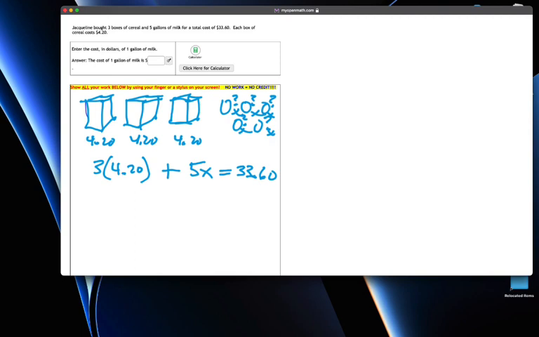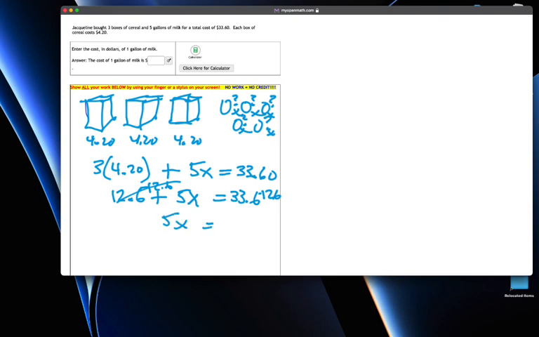So, of course, we could then solve that equation. Well, 4.2 plus 4.2 plus 4.2, or 3 times 4.20, is $12.60. So 12.6 plus 5x is equal to 33.6. Subtract 12.6 from both sides.